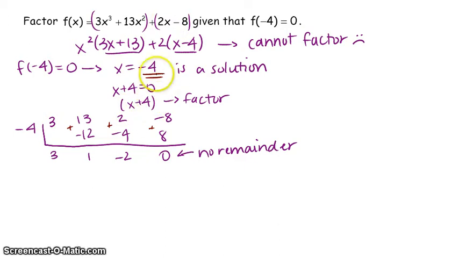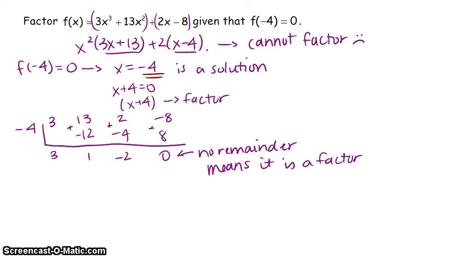Like if we were dividing two numbers and came up perfectly, we don't have any decimals, that number goes into that larger number perfectly. Same here, this x plus 4 goes into this whole polynomial perfectly, no remainder. So that means it is a factor. This x plus 4 is a factor of this polynomial.